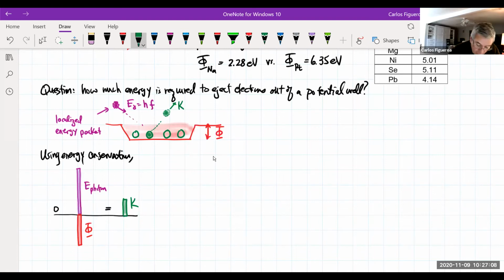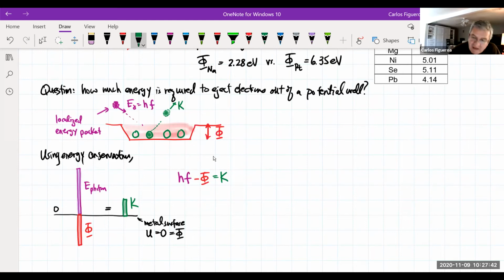Okay, so again, even though I don't think I've said it yet, this is the metal surface, which means that its potential energy is zero, which is the same as the work function here. So then if he applies conservation of energy, it says that the energy of the photon minus the negative energy of the metal will equal the kinetic energy.